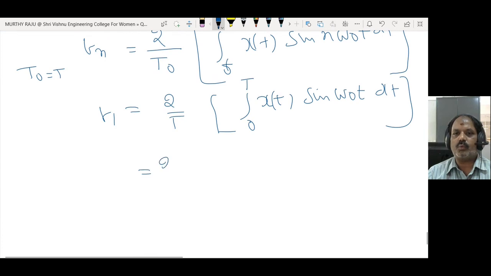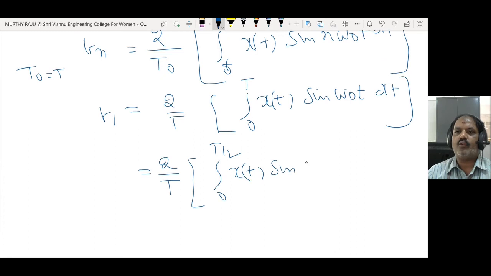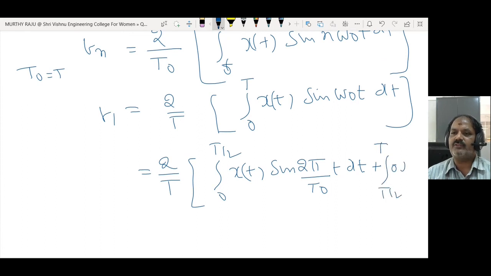That is equal to 2 by T, integral 0 to T by 2 of x of t sin omega naught t, where omega naught is 2 pi by T naught, plus T by 2 to T, split into two intervals.